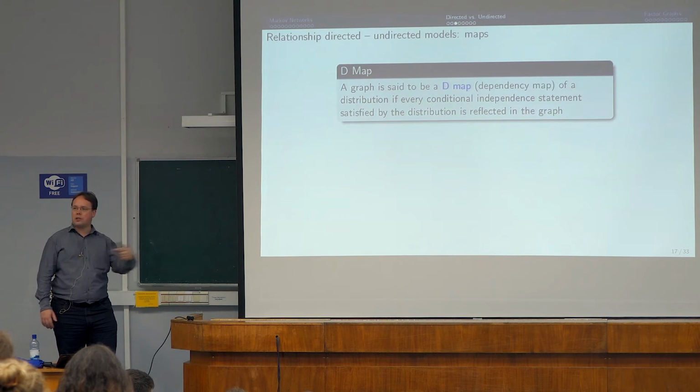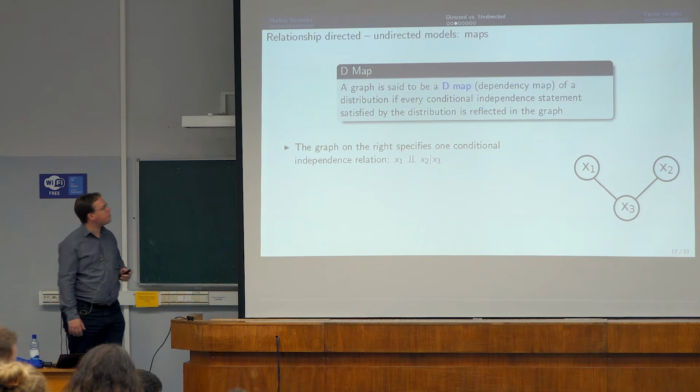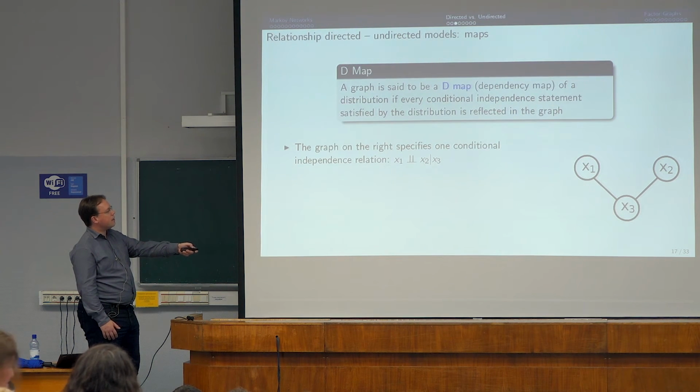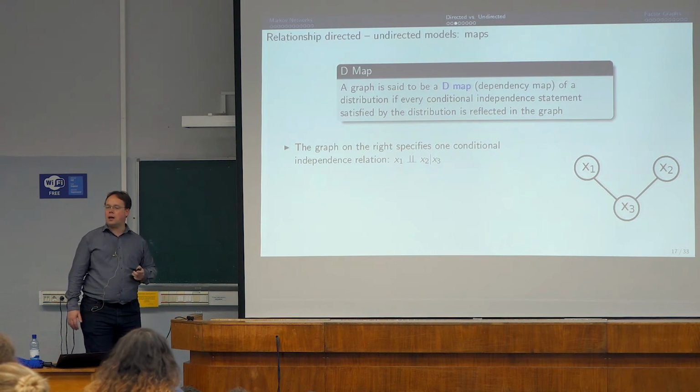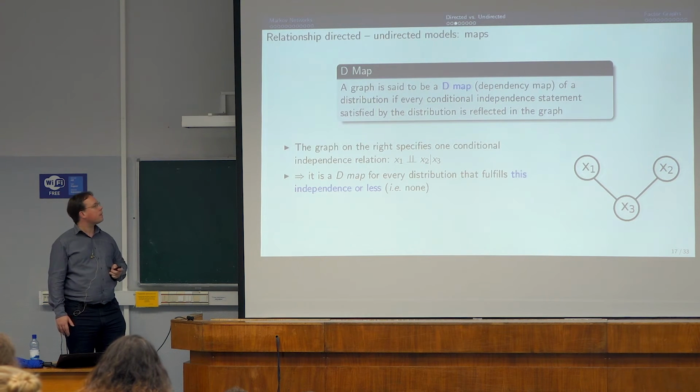So it's one direction. Everything that is in the distribution must also be in the graph. We call that a D map. So here's a graph, and it specifies a certain conditional independence relation, mainly that if you condition on x3, x1 and x2 are independent of each other. So if a distribution fulfills this criterion, then this graph is a D-map for it.